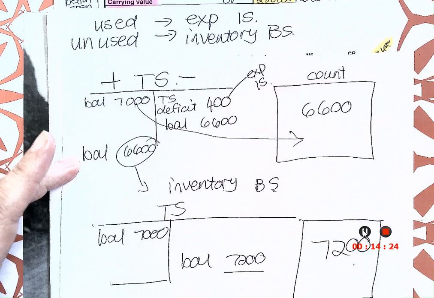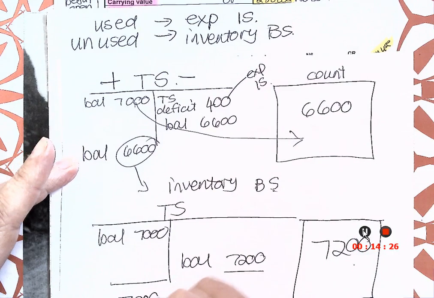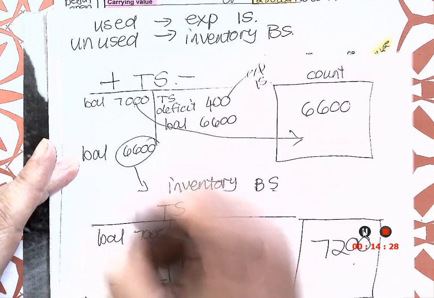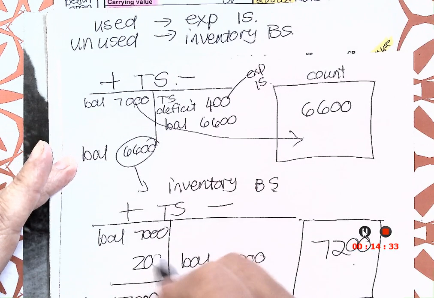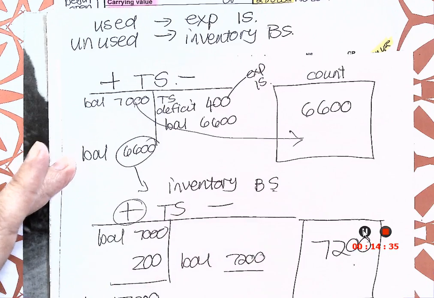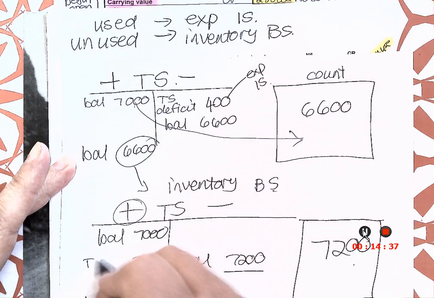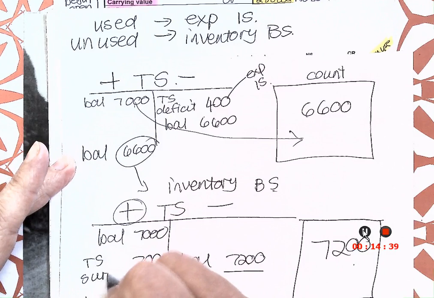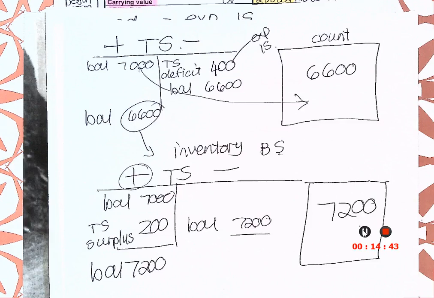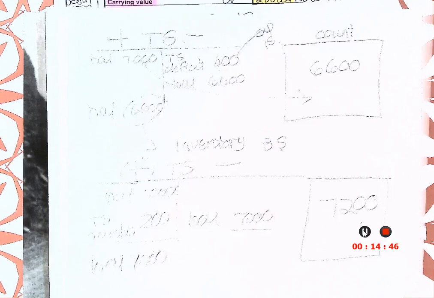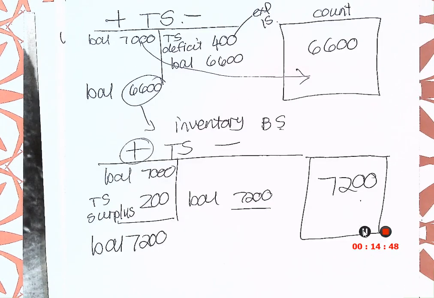And by the way, trading stock can never have a negative balance. So now I see this side is over, this is the plus side. So then I will say trading stock surplus. So the deficit would be an expense. The surplus would be an income. You get what I'm saying?